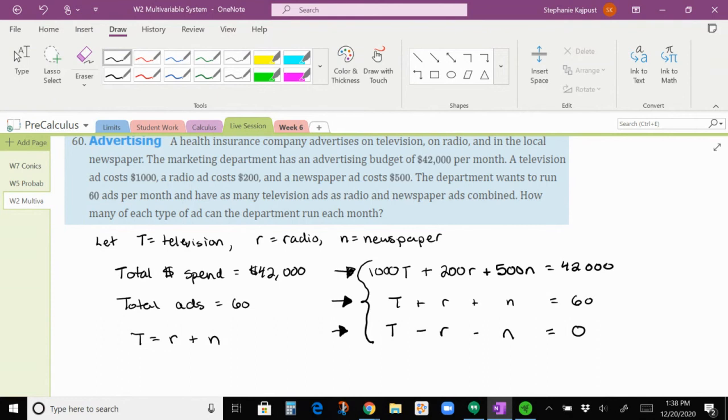And if I added equation 2 and equation 3, I would get t equals 60, which means there would be no radio and no newspaper ads, and that doesn't make sense. So I'm looking to see if there's any error in my equation. Does anybody see anything that looks off with our equations here?